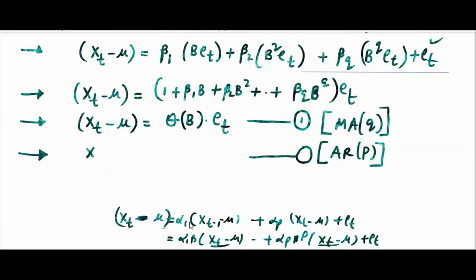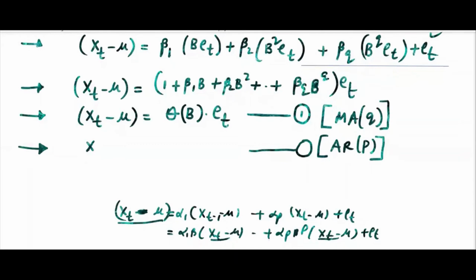You take everything to the left hand side, you can go through previous videos. In that case you will get 1 minus alpha 1 B. If you take Xt minus mu common, you will get 1. You have to bring everything to this side: Xt minus mu minus this is equal to et.